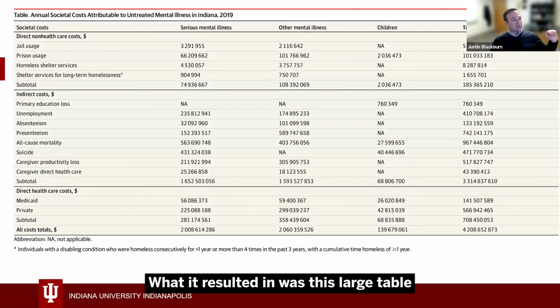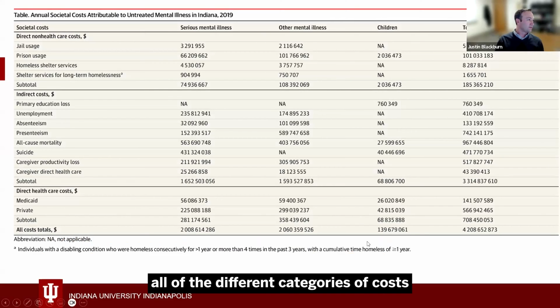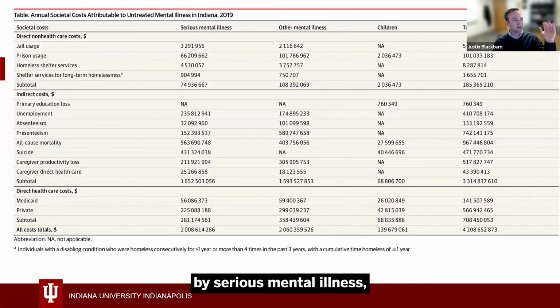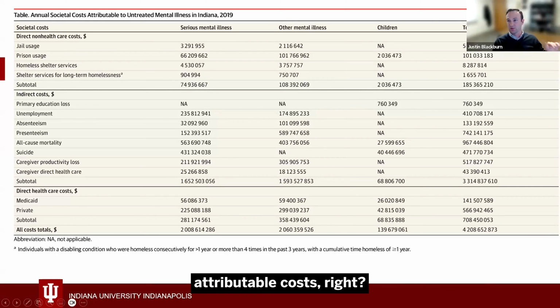What it resulted in was this large table that has broken down all of the different categories of costs by serious mental illness, other mental illness, and children. The reason serious versus other is distinguished is because we assumed from the literature that serious mental illness had different attributable costs, right? They might be more expensive.